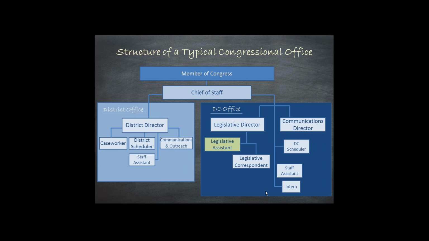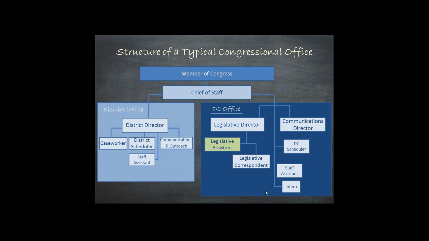In the district office, you usually have caseworkers, as I mentioned, a scheduler for their time in the district, someone who handles communications and outreach, and a staff assistant. And you also have at least one staff assistant in the DC office. These are usually pretty administrative level positions.